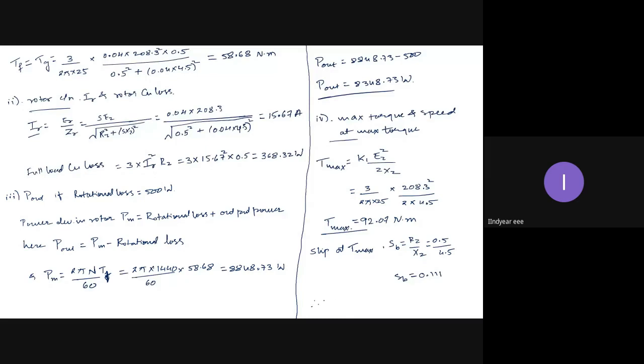Therefore, speed N is equal to Ns into 1 minus S_B. I will write the speed at maximum torque as N T max, not maximum speed.